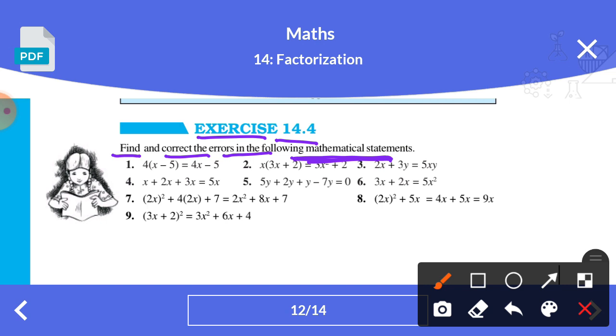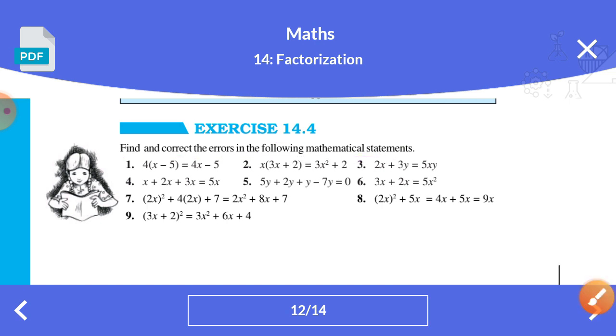So what we just learned, that thing is applied here, and different types of sums we did with the examples. Now we will solve the problems. So let's start with question number 1.